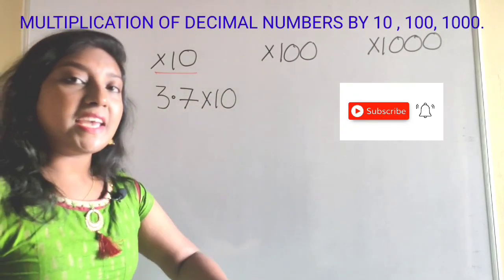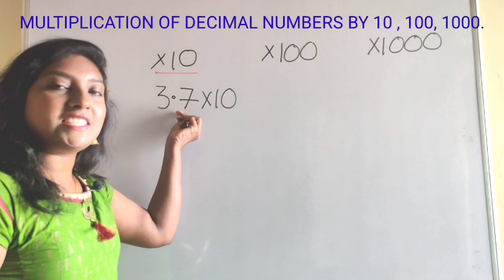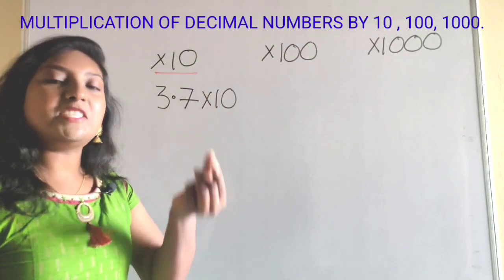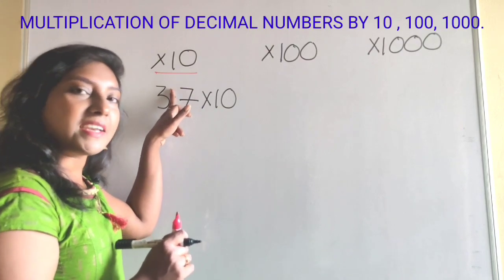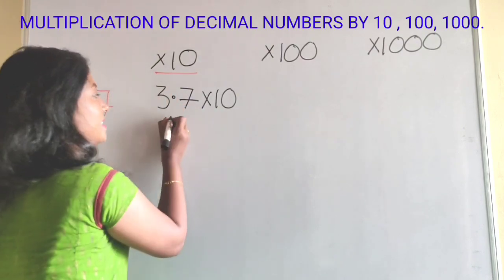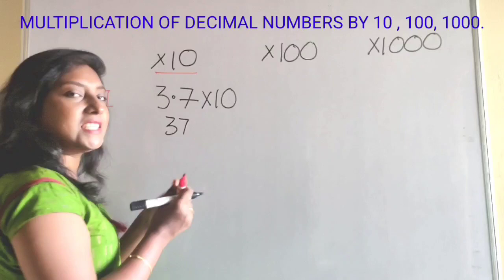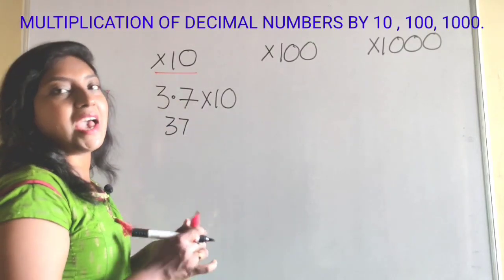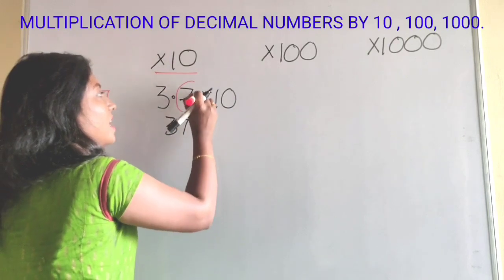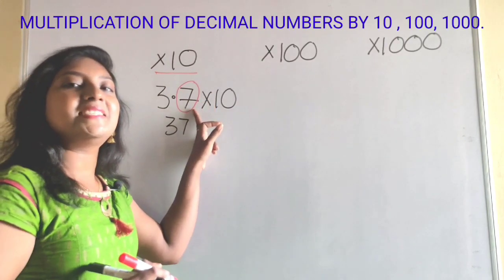So, as we said, we have to remove the decimal which makes our multiplication simple. Ignore the decimal point and write only the digits, that is 3 and 7, which gives 37. And after the decimal point, how many decimal places we have in the number? We have only one decimal place, that is 7.